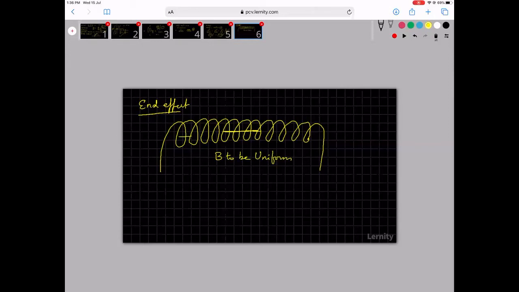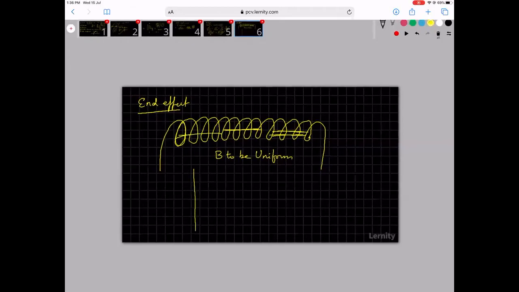But the contribution of these wires will become very less here. So as you come towards the end, the magnetic field won't remain the same as before. If I draw a graph of the distance from this point and how the magnetic field varies, the magnetic field goes up and then remains a straight line, and then again the magnetic field comes down.